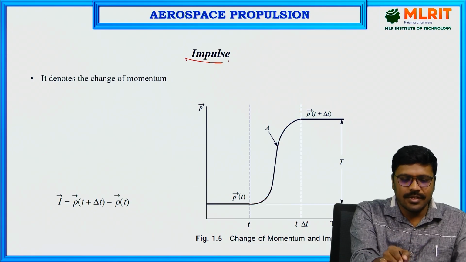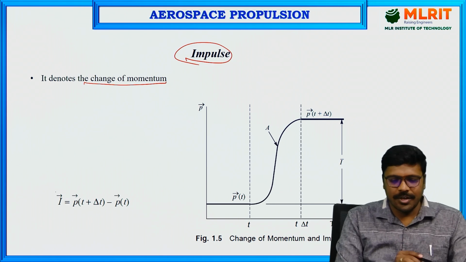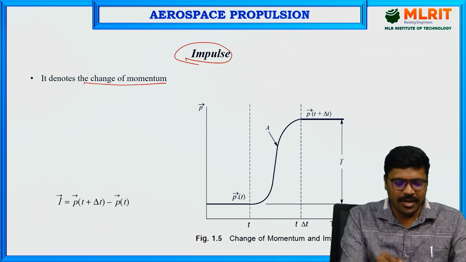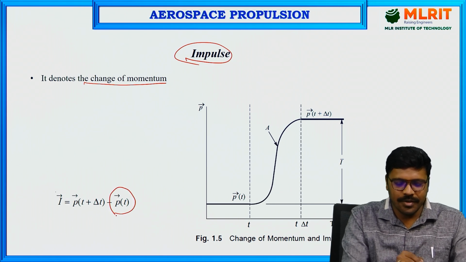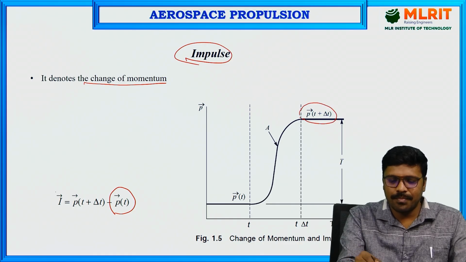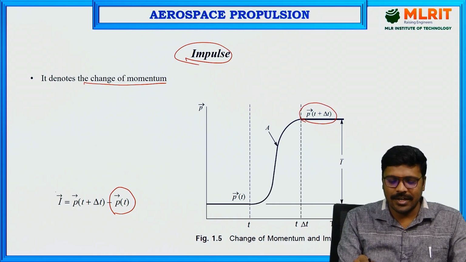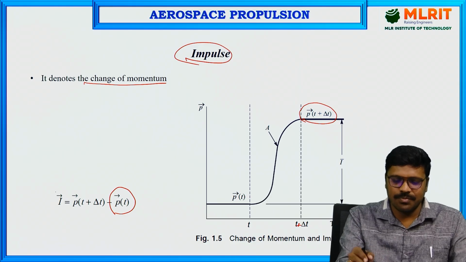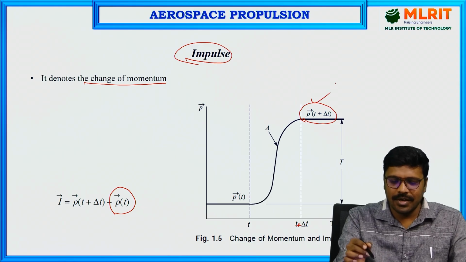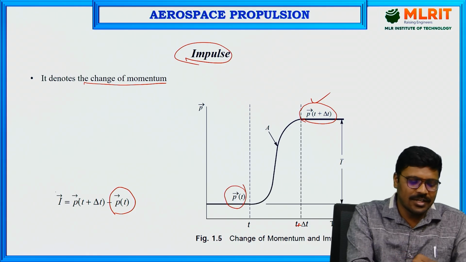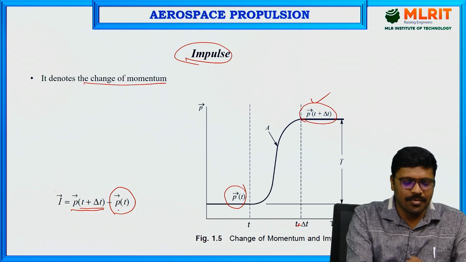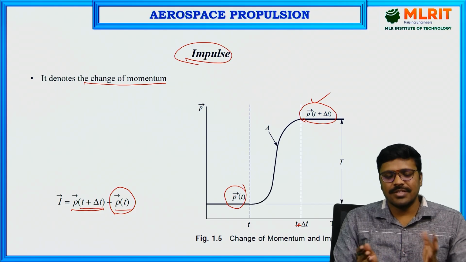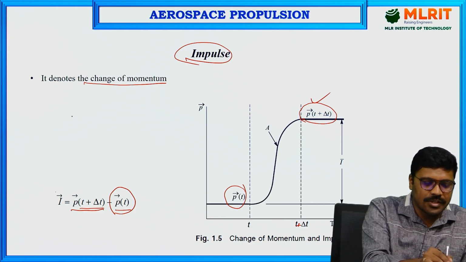What is the impulse? The change in momentum. The initial momentum is P of t, and the final momentum is the momentum at time t plus delta t. The difference of the momentum at t plus delta t and the momentum at time t is nothing but impulse.